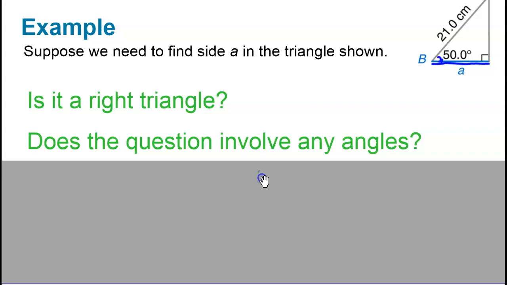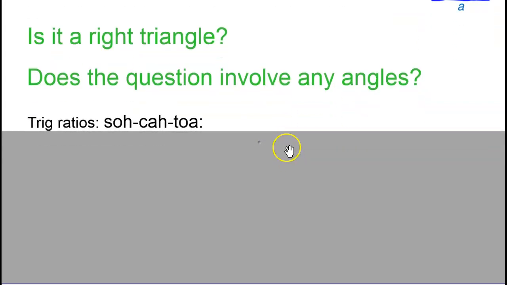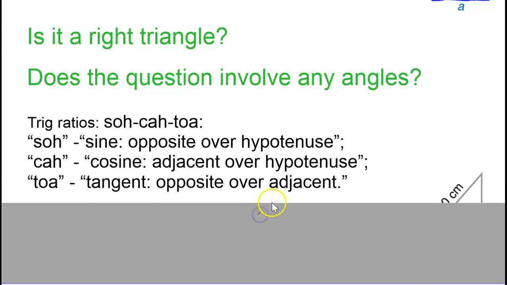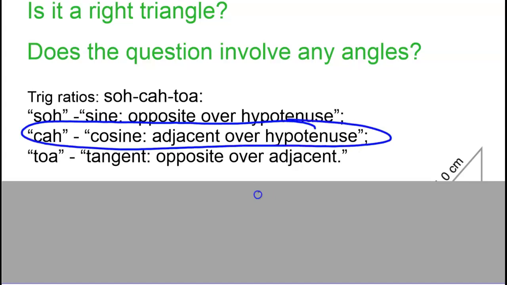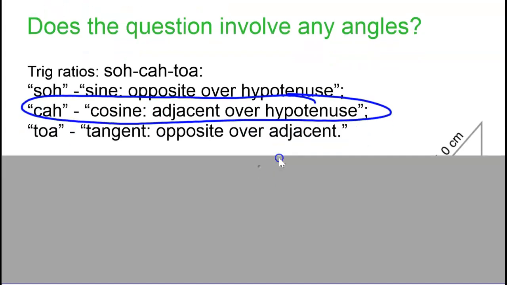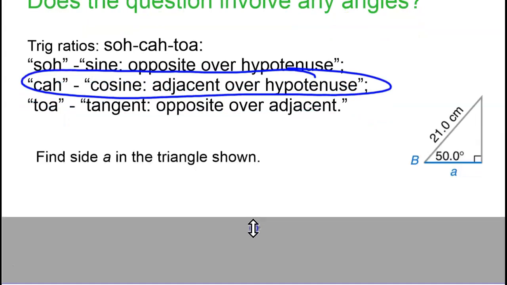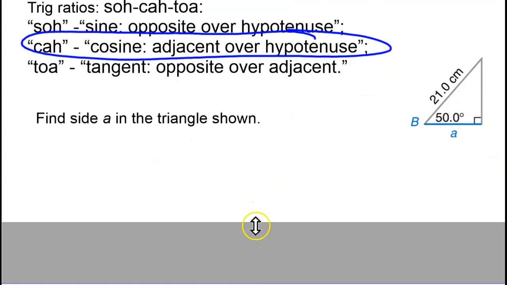Knowing that we have the adjacent side and the hypotenuse, that should trigger something, and you should say, hold on, I recognize that whole SOHCAHTOA thing from before. If I have the adjacent and the hypotenuse, I can use cosine.